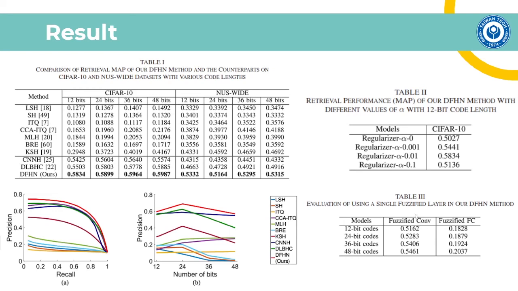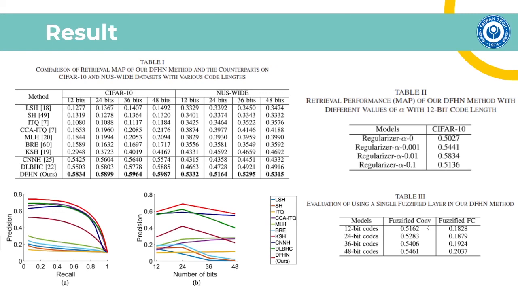So that means in this testing, the fuzzy sort operation is performed on the convolutional neuron, but in the fully connected layer they didn't perform the sort operation. They just perform the normal operation of input and weight, and vice versa for the fully connected. They perform the fuzzy sort operation on the fully connected layer, but in the convolutional layer they perform the normal operation.